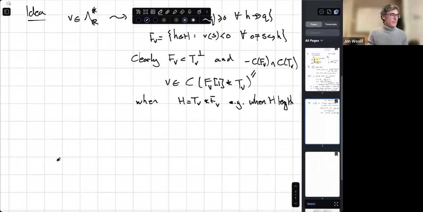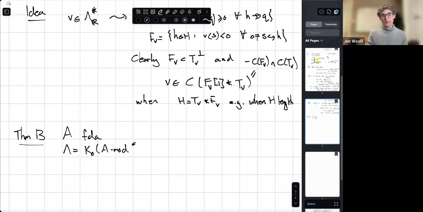Okay. The second thing I want to say is something about how this relates to the G-fan. So this is in a more special situation. So if we take a finite dimensional algebra A, and the lambda we're interested in here is just the Grothendieck group of finite dimensional A modules, then you can also define a G-fan. I'll say roughly what this is in a second.